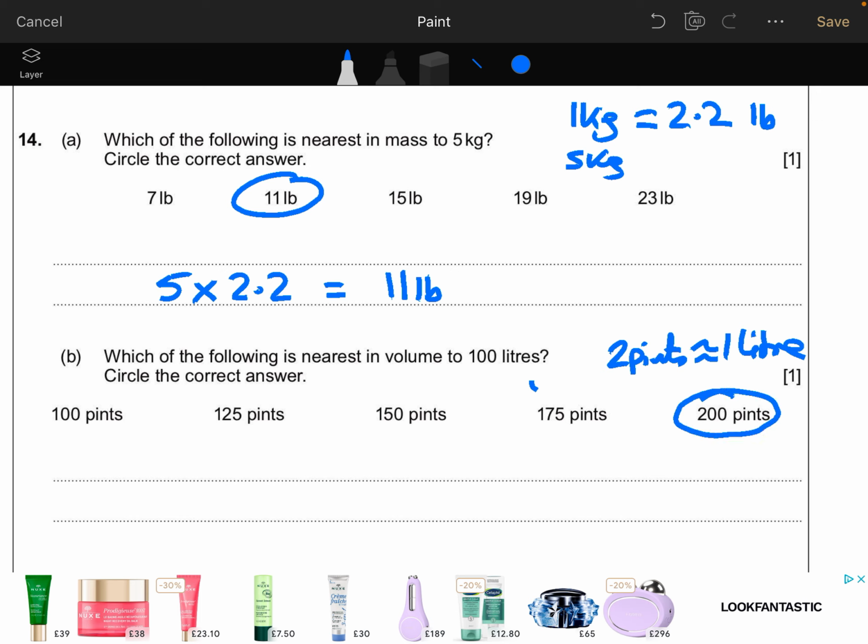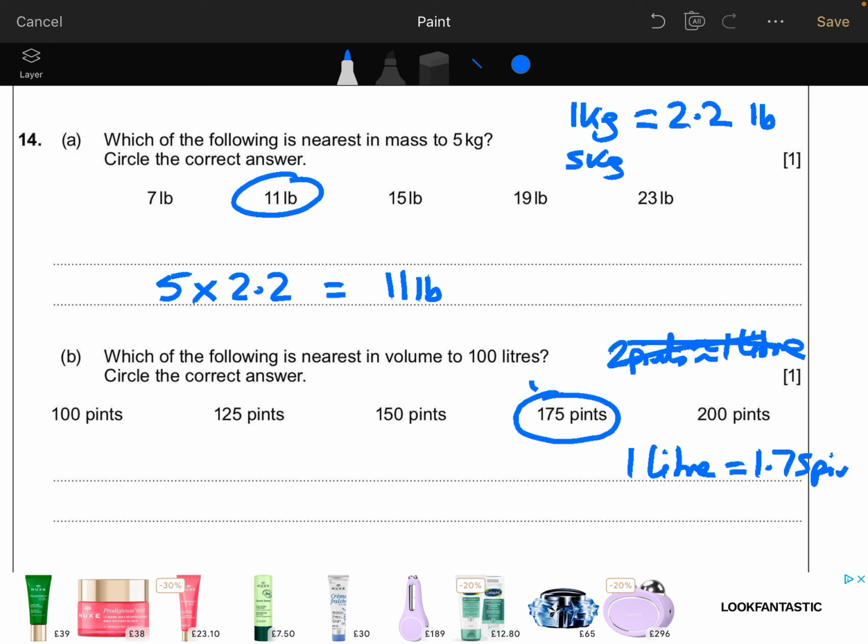No, in fact, I've got that conversion wrong. 1 litre is equal to 1.75 pints.